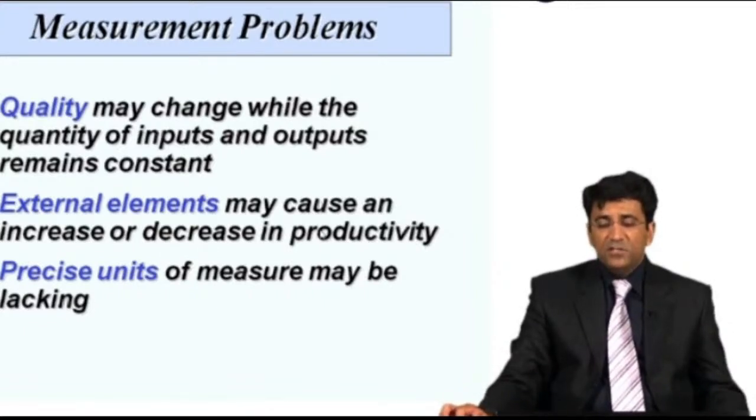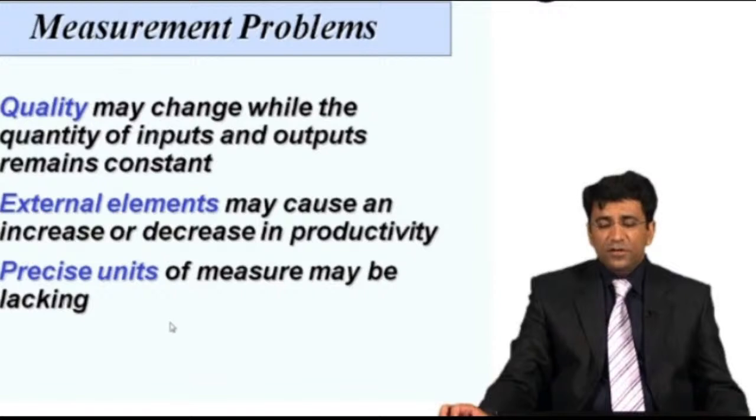Then external elements may also cause an increase or decrease in the productivity. Now we are taking into account the different inputs as our denominator, but there may be other factors which can contribute towards productivity. So we'll have to take into account what may be the external elements which can affect our productivity.